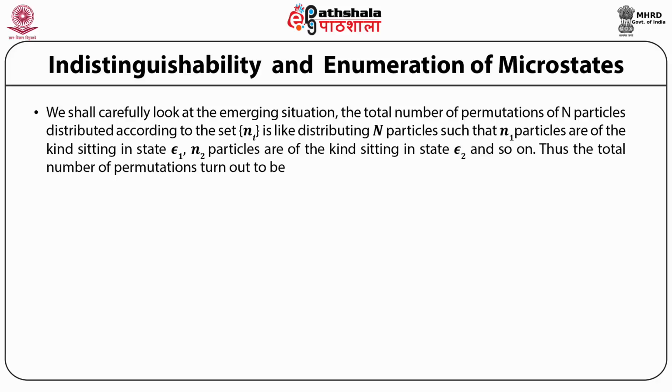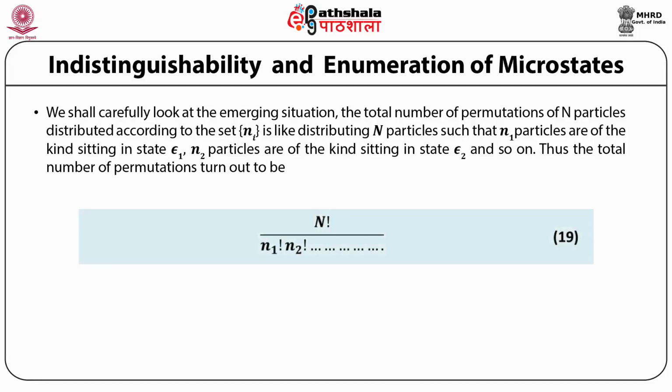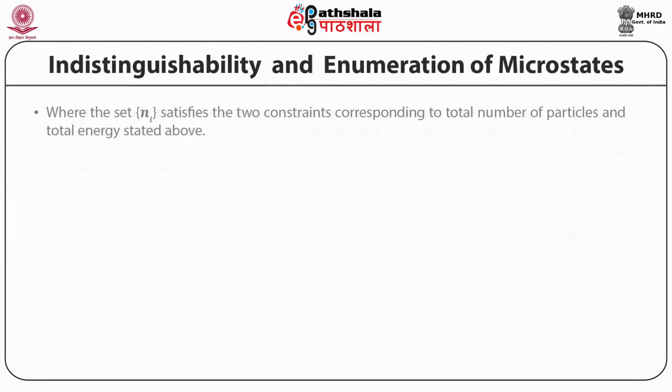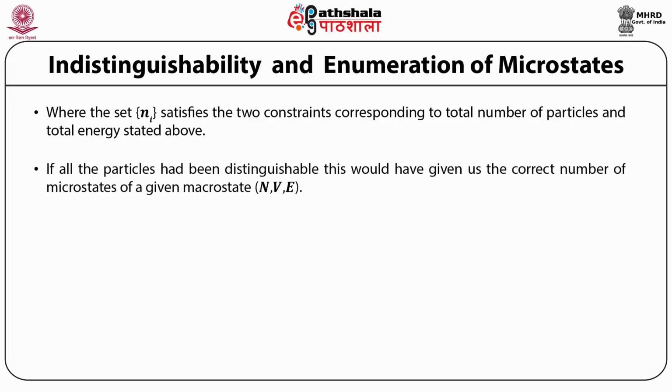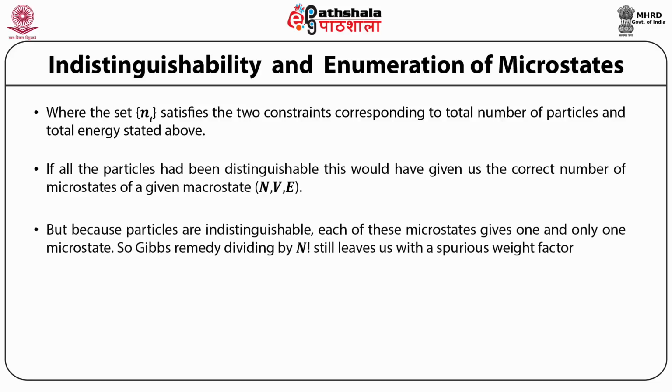Thus, the total number of permutations turn out to be N factorial divided by N1 factorial into N2 factorial and so on, where the set Ni satisfies the two constraints corresponding to the total number of particles and total energy stated above. If all the particles had been distinguishable, this would have given us the correct number of microstates of a given macrostate. But because particles are indistinguishable, each of these microstates gives one and only one microstate.